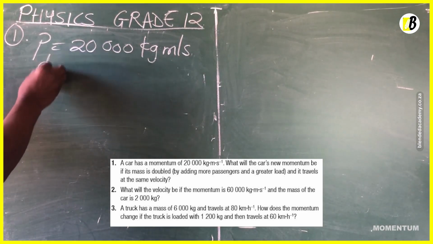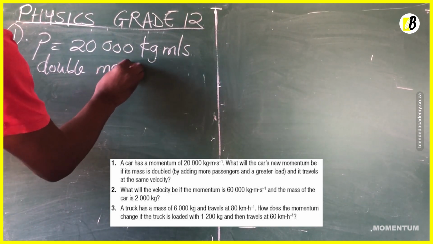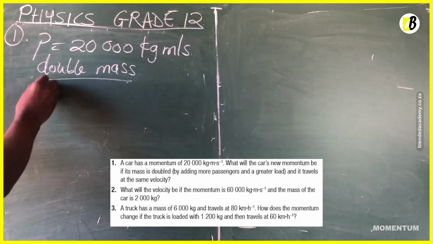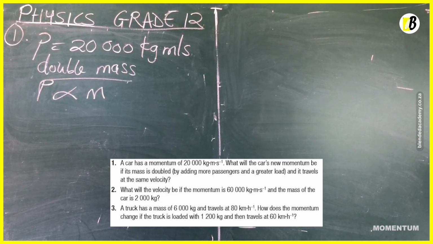So if we double the mass, what's going to be the car's new momentum? So we're doubling the mass. And remember that momentum is directly proportional to the mass. So that means if we increase the mass, the momentum is also going to increase. And in this case, we're doubling the mass. That means we're also doubling the momentum. So we're going to apply that.